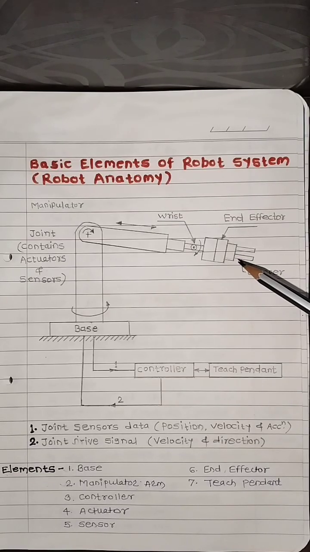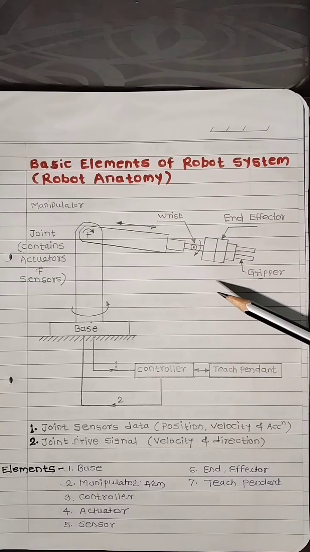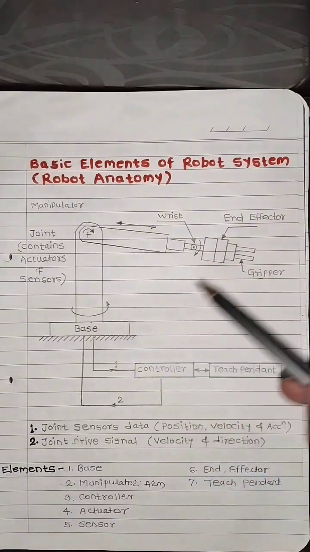Then the microphone, which is the audio sensor. Others include thermometer, lidar, force measurement sensor, torque measurement, proximity and pressure sensor, etc. Any type of sensor can be used in this manipulator arm.